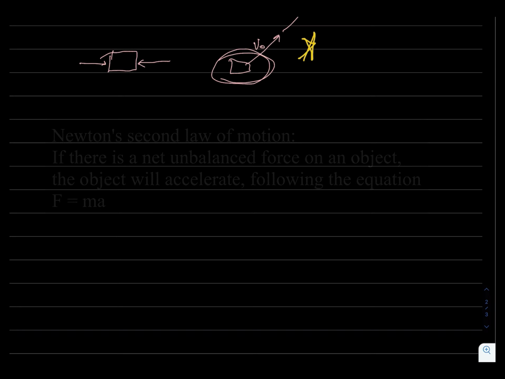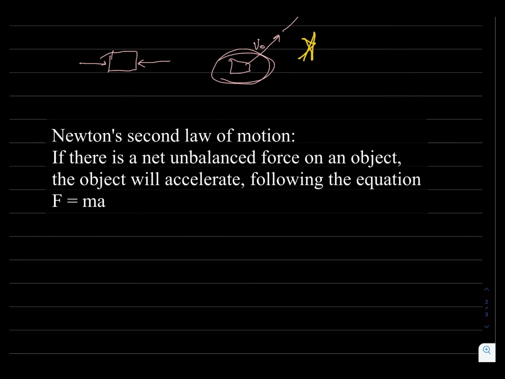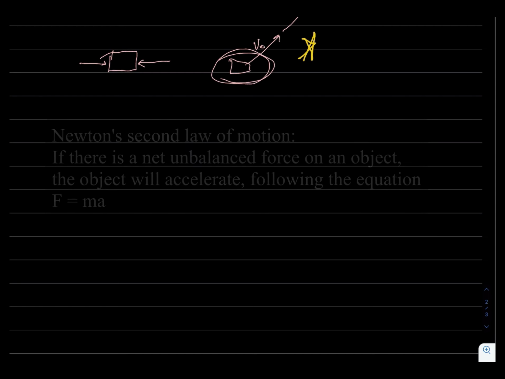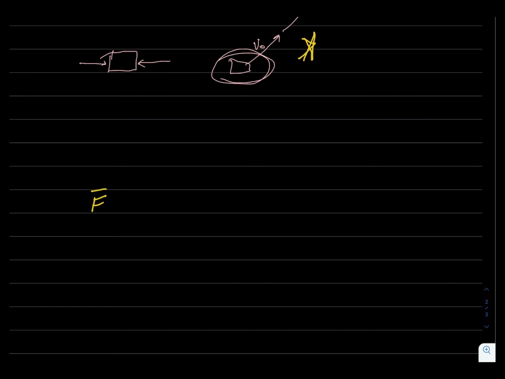Then, Newton's second law says that if there is a net force on an object, it causes an acceleration to the object that follows the equation F equals ma. Now remember also that the force on an object and the acceleration of an object are vectors.